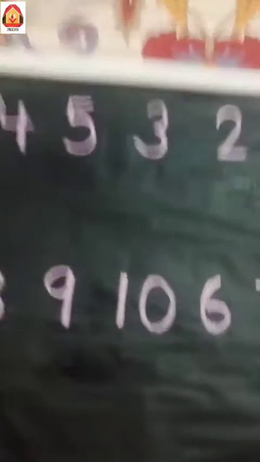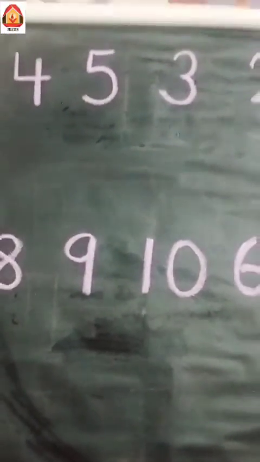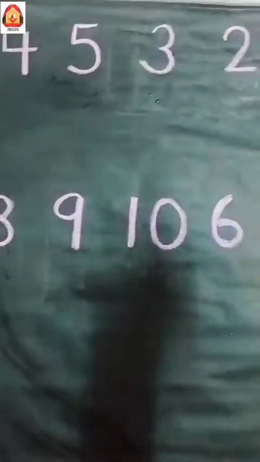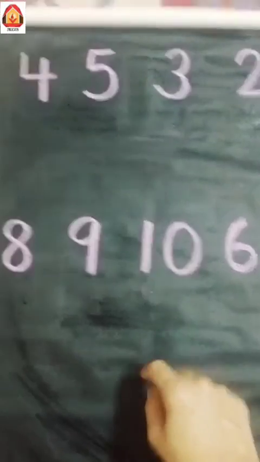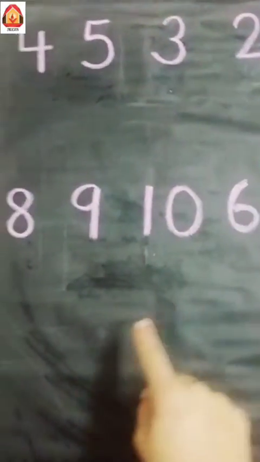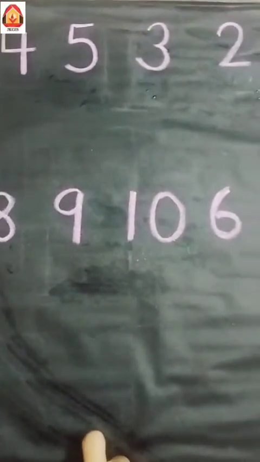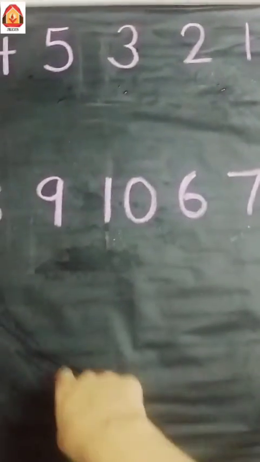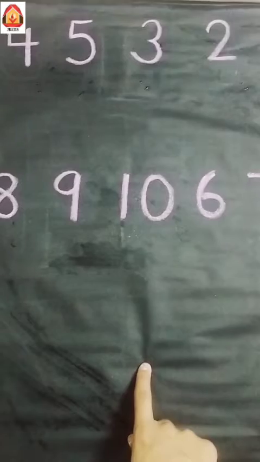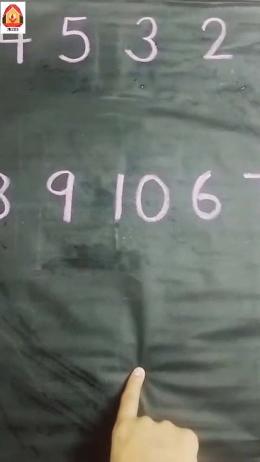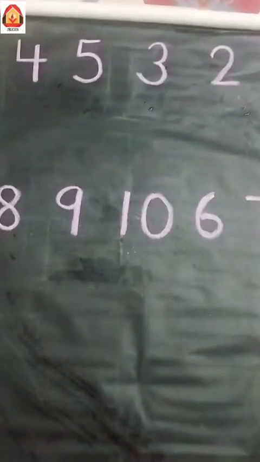When we arrange numbers small to big, we say it's ascending order. You can see here are some numbers, and I am going to arrange these numbers small to big. So we will say it's ascending order.